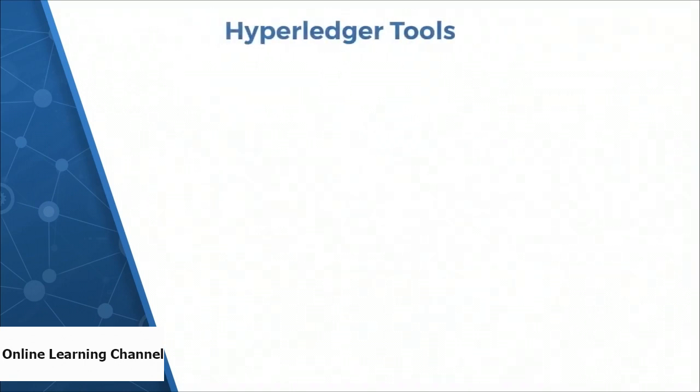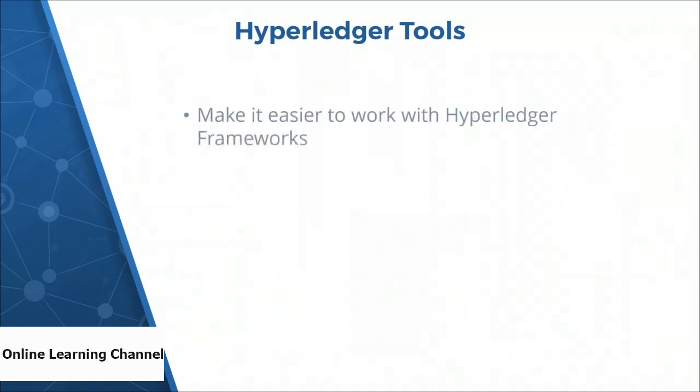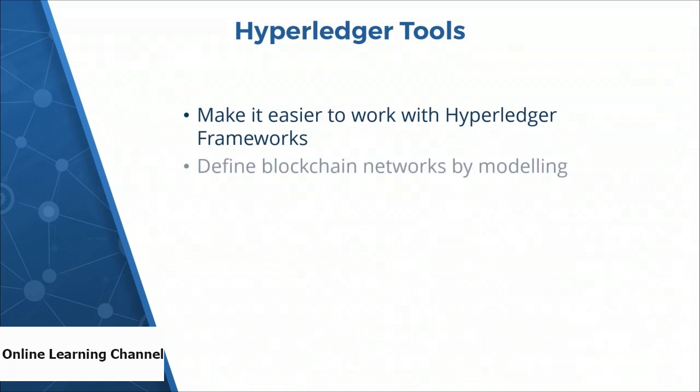Which takes us now to the final task in the exercise, where you had to summarize the purpose and the properties of Hyperledger Tools. So the goal of the Hyperledger Tools is to make it easier for users to work with Hyperledger Frameworks. For example, rather than defining your blockchain network in terms of configuration files, running scripts, and so on, there is a tool called Hyperledger Composer, which allows you to define your blockchain network by means of modeling.